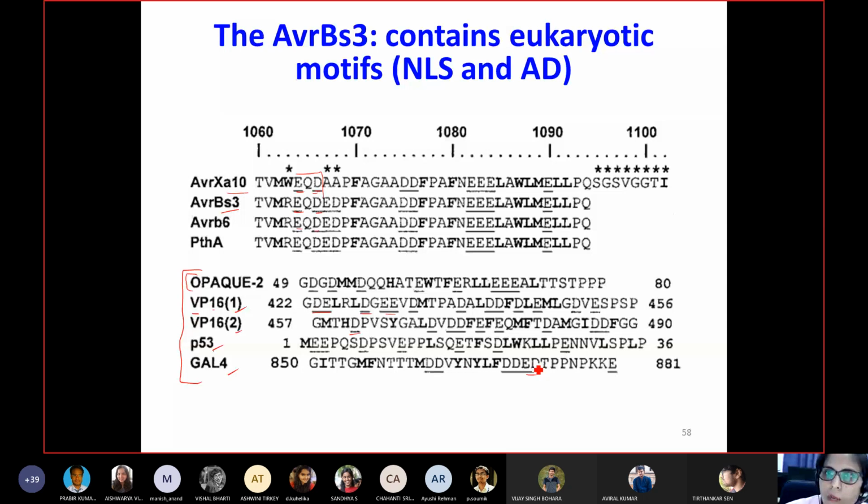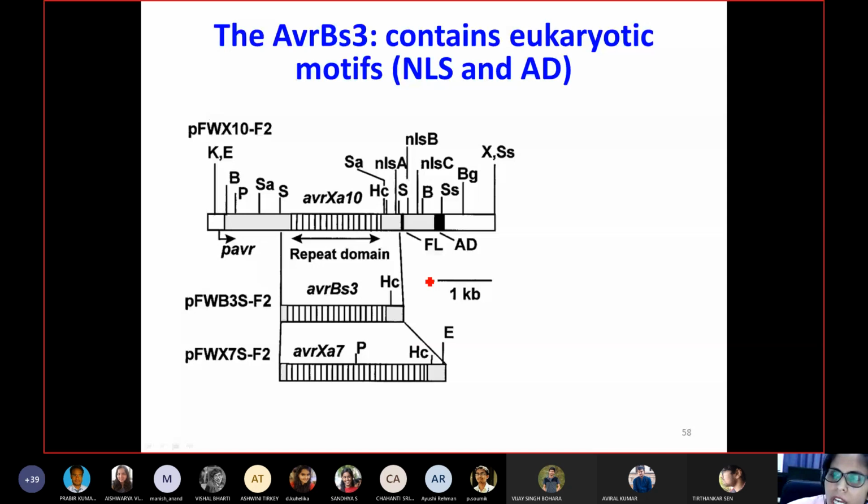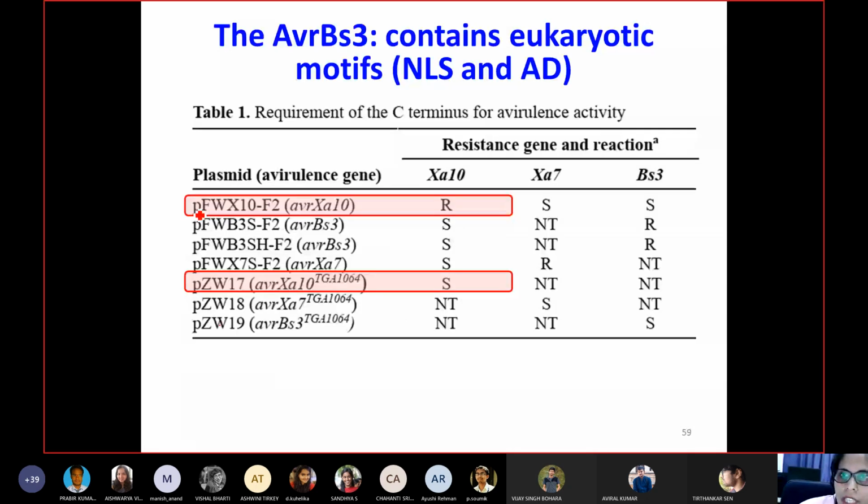So what was their strategy? Here they generated different kinds of strains, where they took repeat sequences and flanking regions, and created plasmids that had different acidic domains. What you have here is one kind of plasmid with XA.